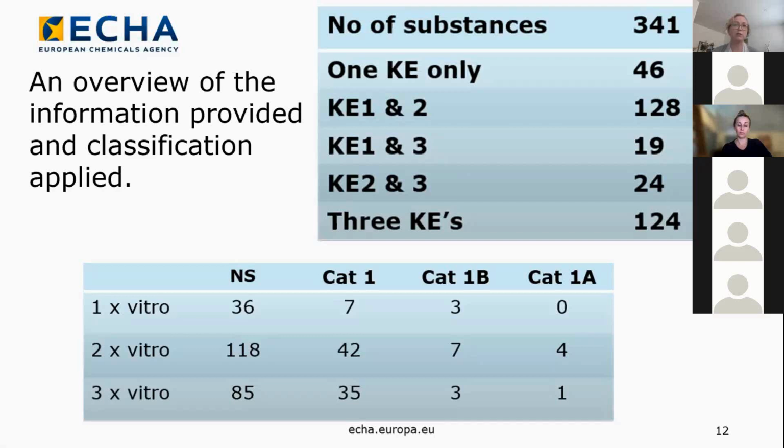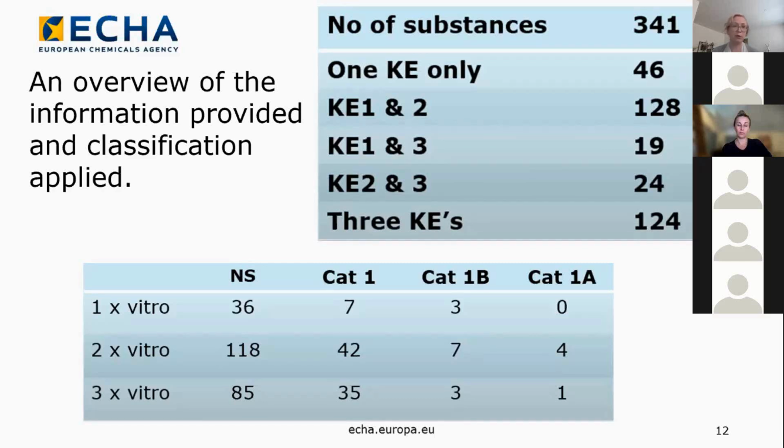One issue is good to note: especially the cases where we have information from only one key event are quite problematic, because currently, or at that time especially, none of the available methods can be used to make a standalone prediction on the skin sensitization potential. The only alternative currently is the recently adopted kinetic DPRA assay, which could potentially be used as a standalone assay if the outcome is category 1A.